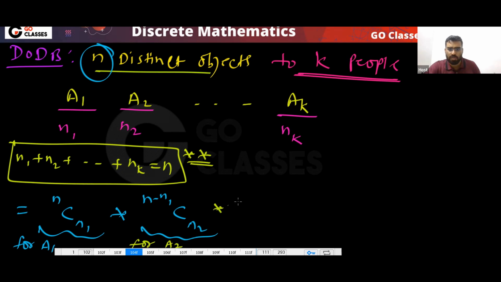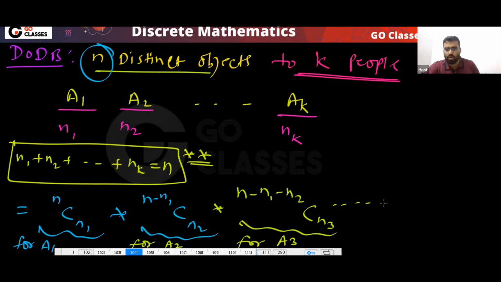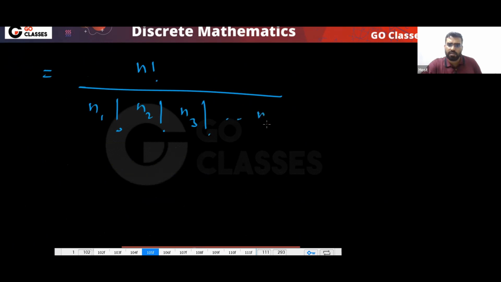From the remaining, you select N3 for A3, and so on. If you solve this, you will get N factorial divided by N1 factorial, N2 factorial, N3 factorial, and Nk factorial.